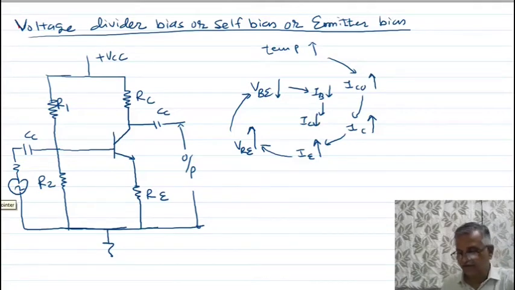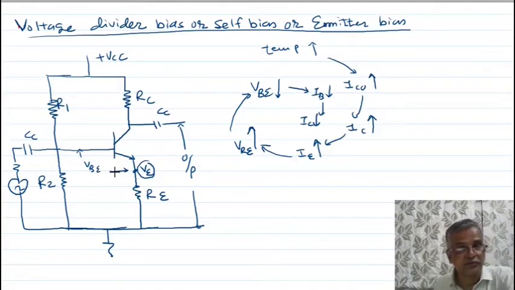Look again. Suppose temperature increases, leakage current increases, collector current increases, as a result emitter current increases, so the voltage across this resistor increases. Already I have explained this. This voltage increases, so VB decreases, because VB is nothing but the base voltage minus the emitter voltage.